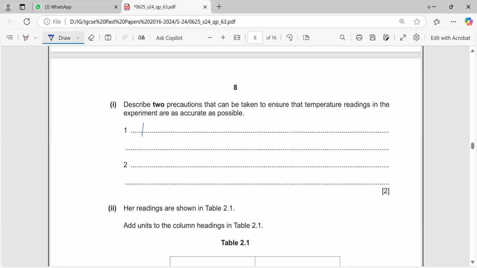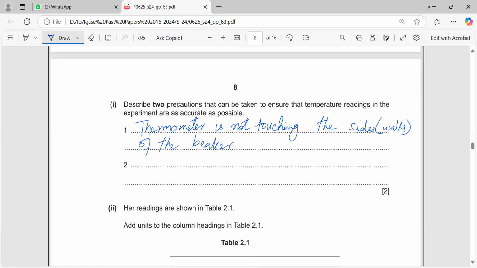So first of all, we can write thermometer is not touching the sides, even you can say walls of the beaker. It is dipped into the water such that the bulb of the thermometer is in the water.